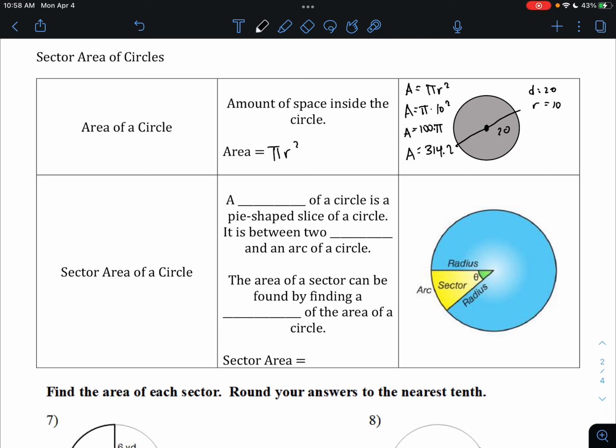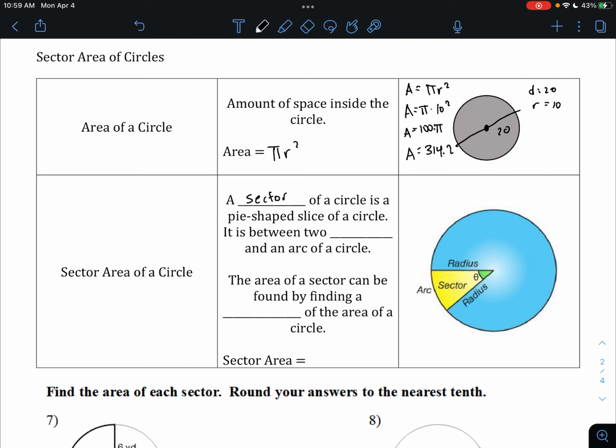Just like the arc of a circle is a fraction of the circumference, the sector area of a circle is a fraction of the total area. It's like a piece of pie. It's a pie-shaped slice of a circle. That's what a sector of a circle is.